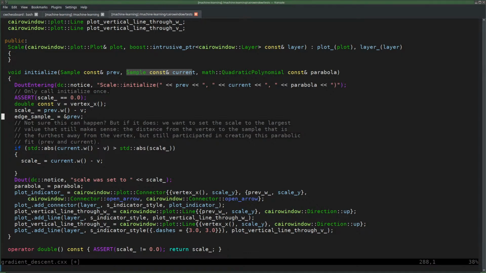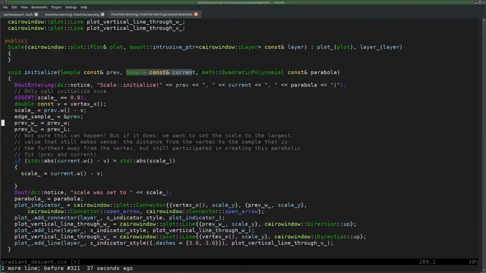Let's not do that yet. So instead, I'm going to copy this, but I'll just call it the edge then. Let's call it edge sample W and edge sample L. I think LW, right?